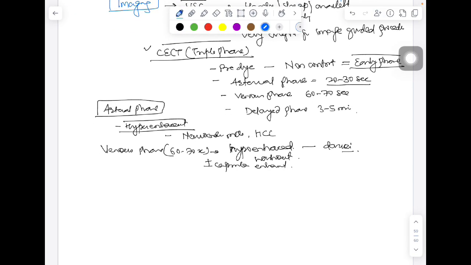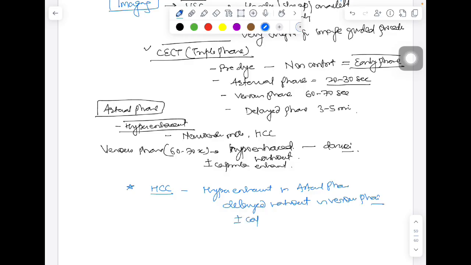Now what the interpretation says: if HCC, the triple phase finding is hyperenhancement in the arterial phase, then delayed washout in the venous or portal phase, where it becomes hypodense, plus minus capsular enhancement.